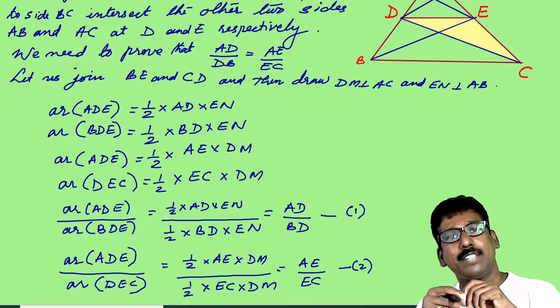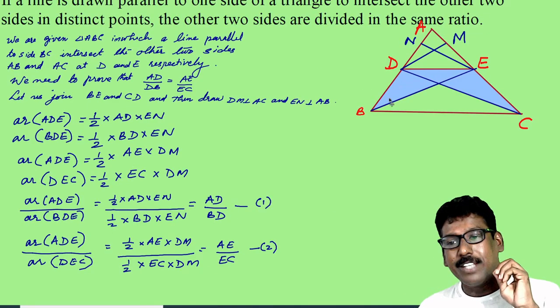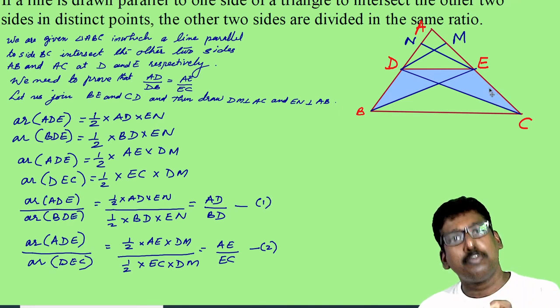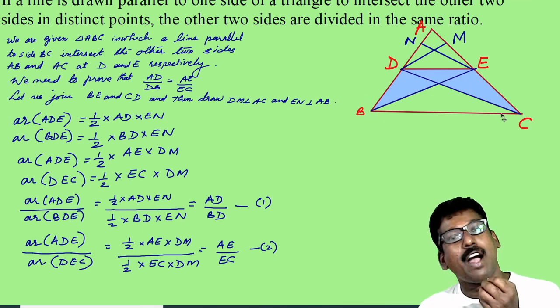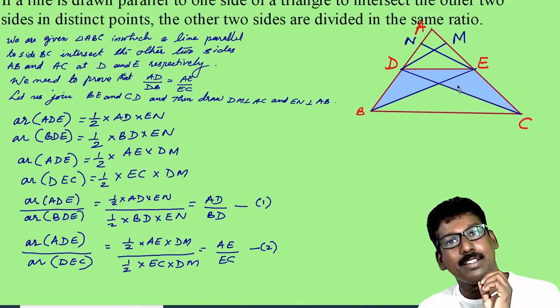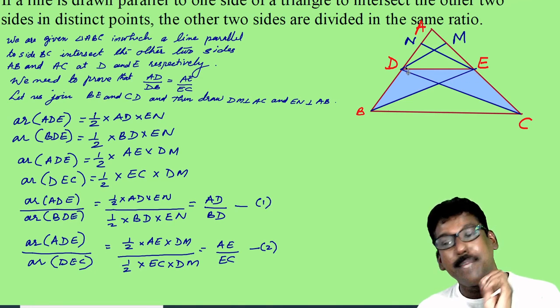Now let me consider triangle BDE and triangle DEC. What is the specialty of these two triangles? You know DE and BC are parallel, and these two triangles have the same base DE. That is, triangle BDE and triangle DEC have the same base DE and are between the same parallels DE and BC.